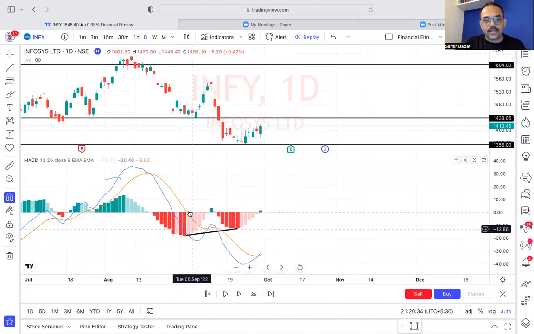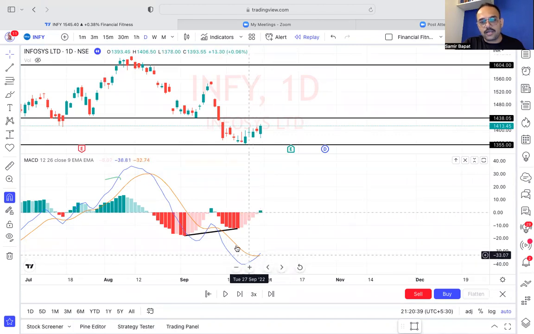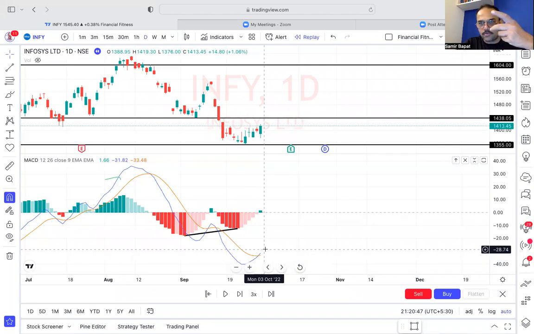Now, see here, the blue line has crossed this golden signal line here. Can everyone see? At the bottom here where my mouse is, this blue line has crossed above the signal line. Yes.